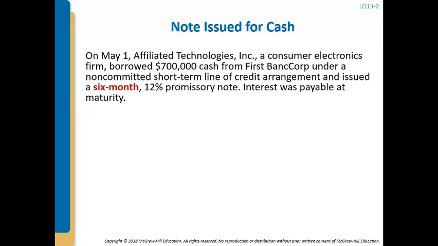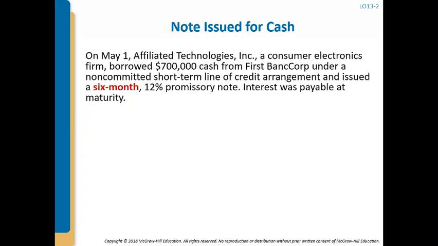Interest was payable at maturity. Very unusual, but it's such a short amount of time, I guess so. So 6 months, it's all within the same year, well, you have to assume that year end is 12/31 here. They don't really tell you that, but that's the assumption, I believe.